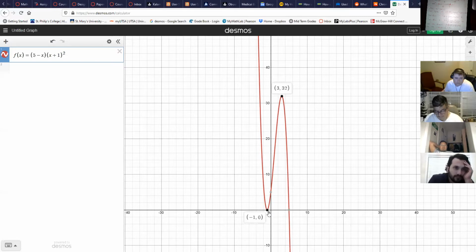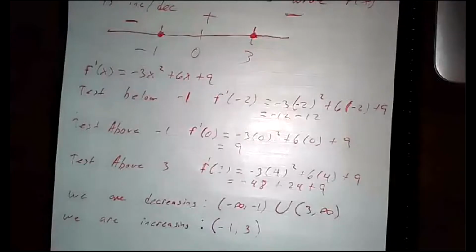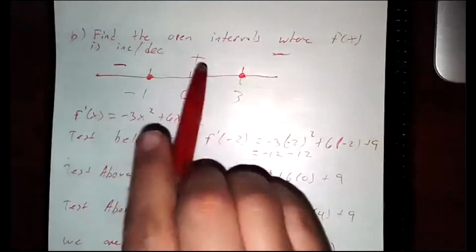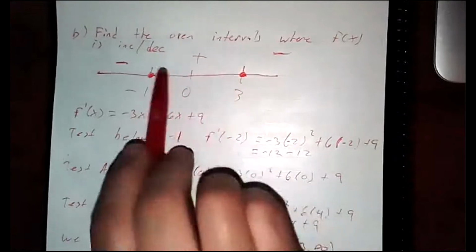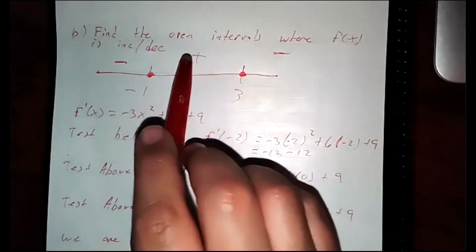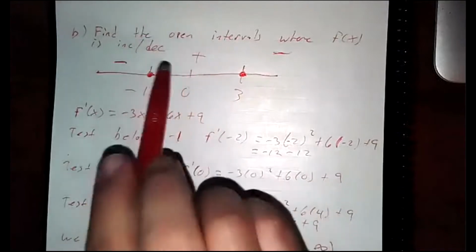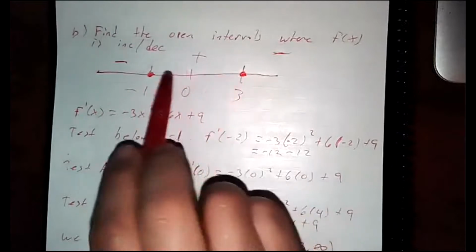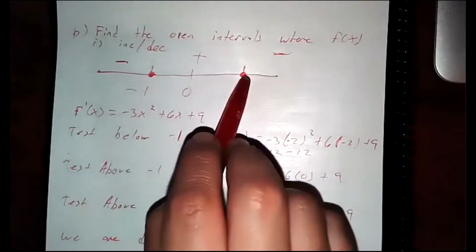So that's where the intervals came from. The critical numbers we tested on paper, now we have an idea what it means visually. On paper, we said the derivative is increasing between here and here. I'm sorry, let me rephrase that: if the derivative is positive, then the function itself is increasing between those critical points.